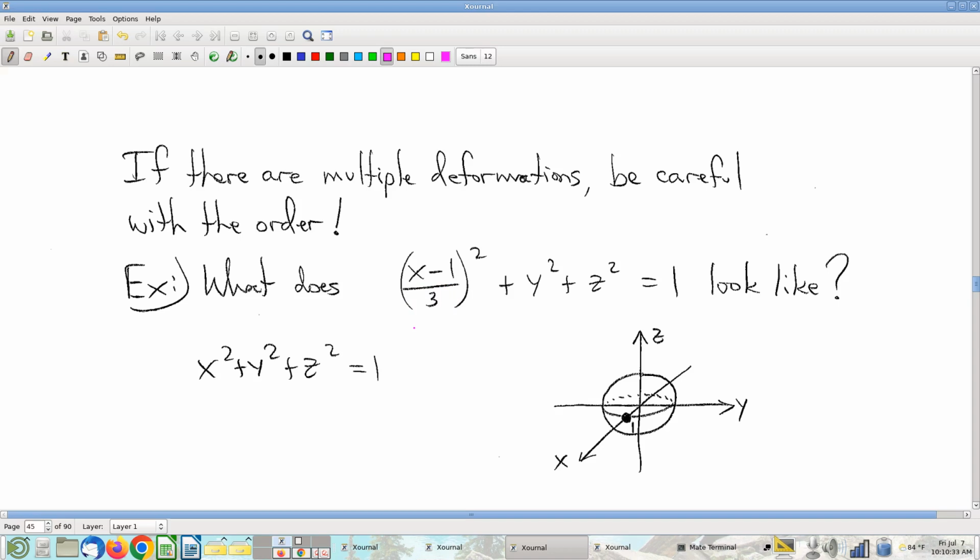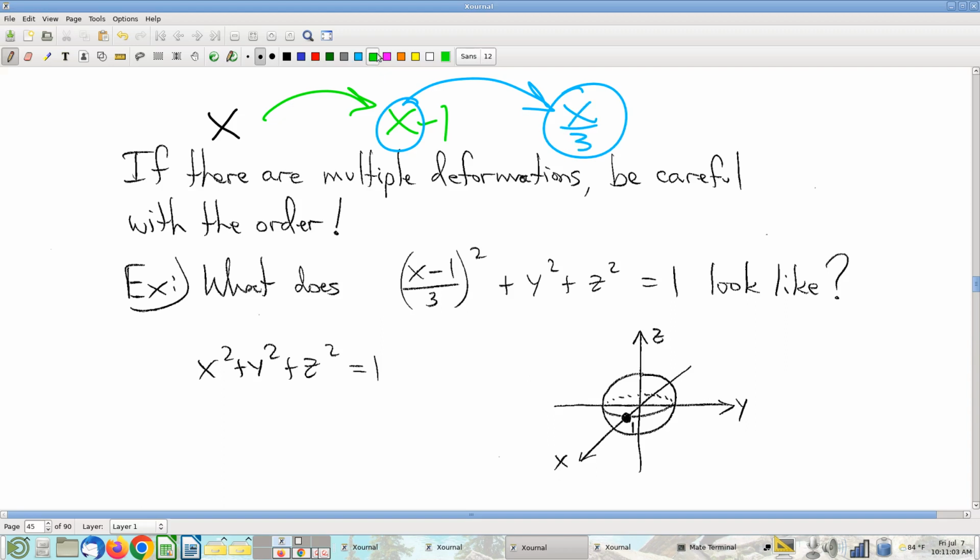Let me just point out. If you start with x, if you replace x with x minus 1, and then if you subsequently, keep in mind what we do here, we don't replace algebra. We replace a variable, in this case x. If I replace x with x over 3, that minus 1 is still way over there like that.